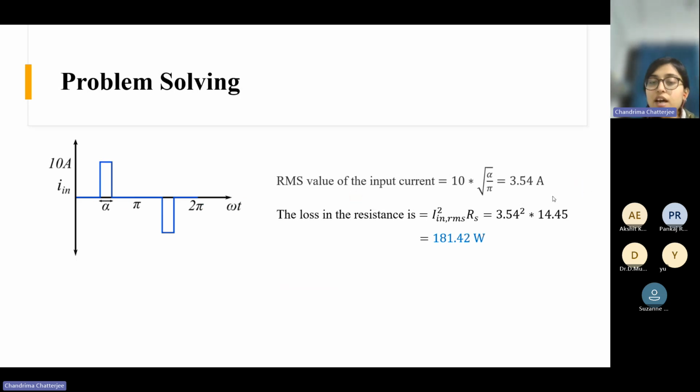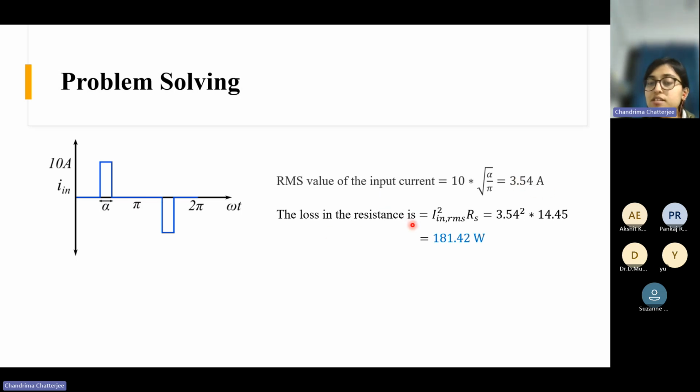So we can find out the RMS value of the input current, which will be 10 multiplied by root over alpha by pi, because alpha is the duration when we have current and the total duration is pi. In the negative half cycle, we also have current and this is symmetric. So that's why we have taken pi duration instead of 2 pi. Okay. So this is the RMS current that flows through the resistance.